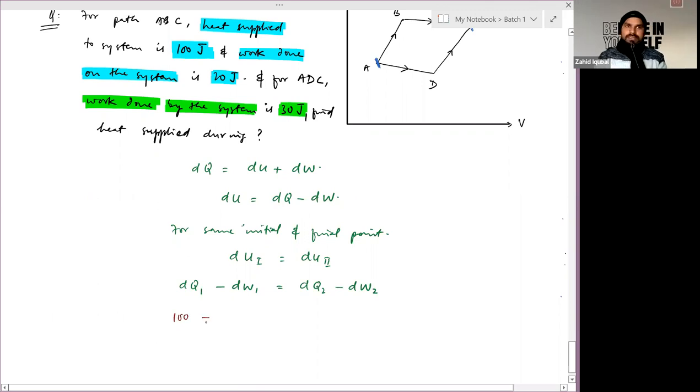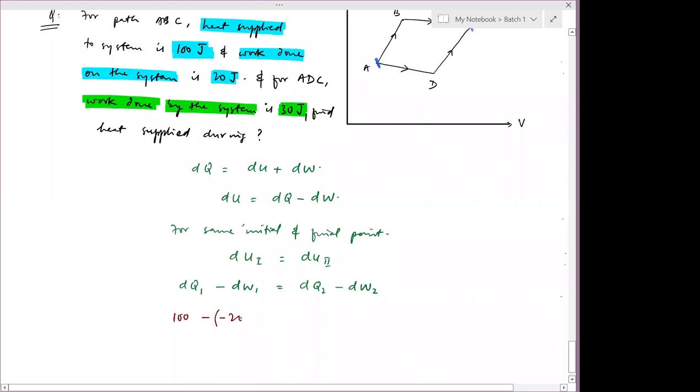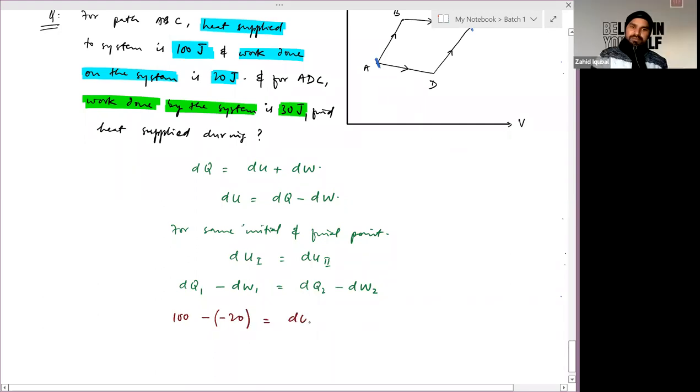Work is done on the system. So it will be positive or negative? Negative. Good. So minus 20. dq2, we have to calculate work is done by the system in the second process.